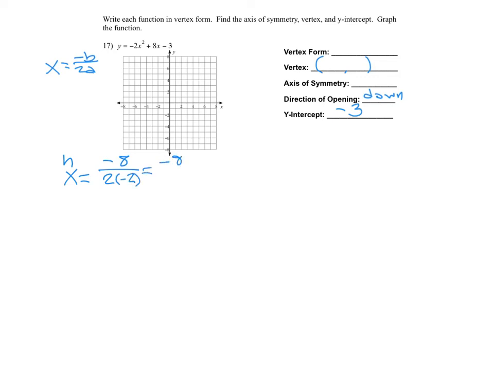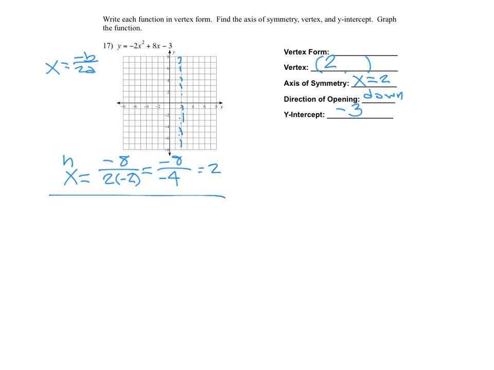So I have -8 over -4, which will reduce to 2. All right, so that's my h value. And that's also the axis of symmetry, so x equals 2. So I can draw in my dotted line here at x equals 2. And that will be like my folding point of my parabola.